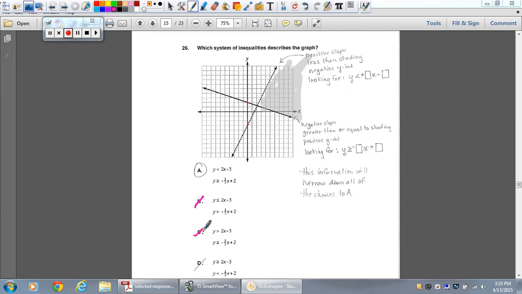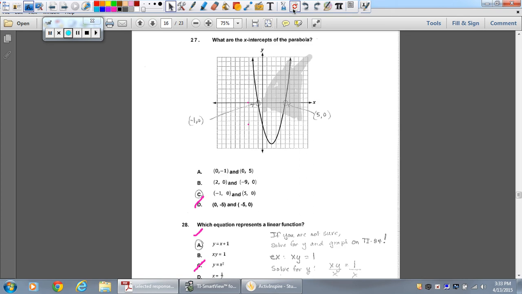And this one I have greater than or equal to and a less than, but my greater than or equal to has a positive slope and a negative y-intercept, and my less than or equal to has a negative slope and a positive y-intercept. So by understanding this shading and the way you graph a line, I didn't have to do much more work than just observing on that one.